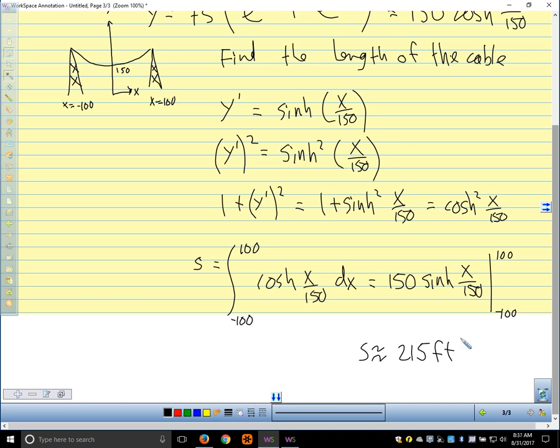You have to have 15 extra feet in that cable for the sag of the cable between those two towers. Isn't that nice? So nice. So often your examples with arc length integrals are going to be like this, but there are some nice integrals that you end up having to evaluate.